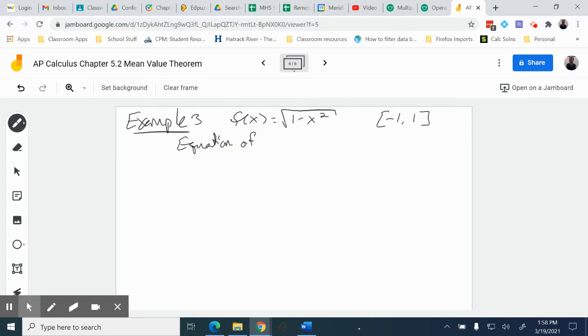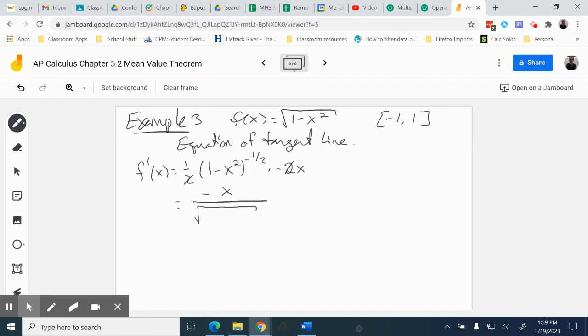Notice that I'm doing the same process, but then we're just taking it an extra step by finding the equation of that tangent line. So f prime of x equals 1/2 (1 minus x squared) to the -1/2 times -2x. We get a derivative of -x over square root of 1 minus x squared.